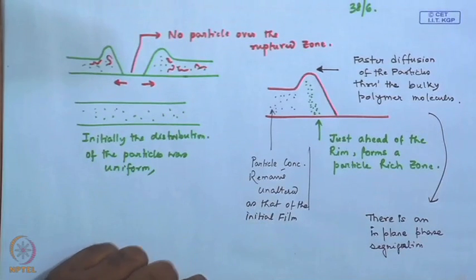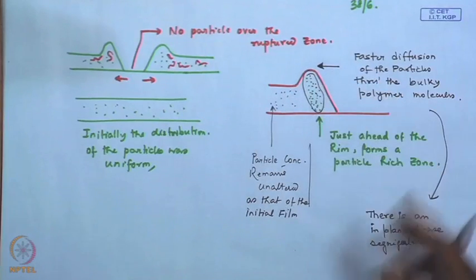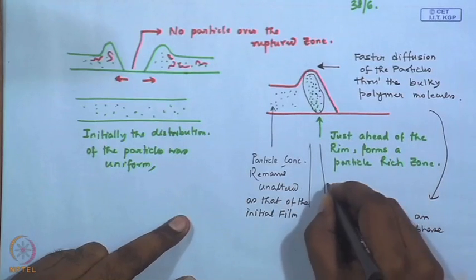Okay. And this results in a zone which is richer in particle concentration. Now, the particles have preferential affinity towards the polymer.